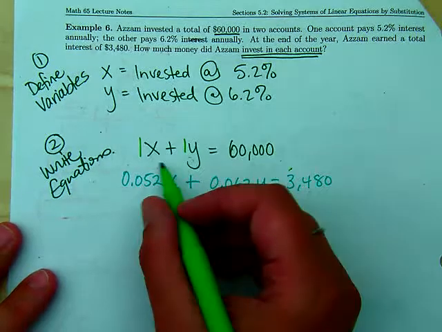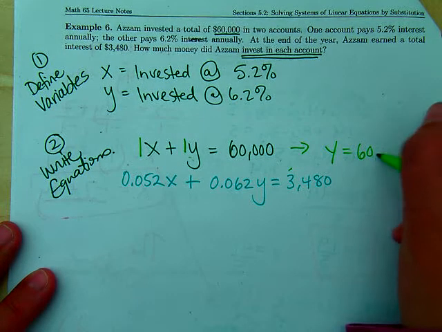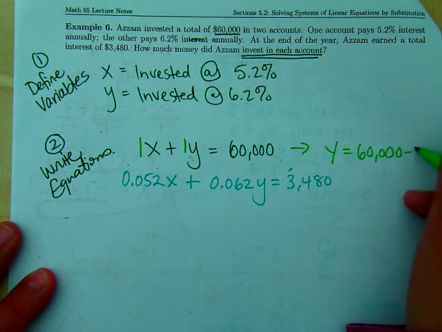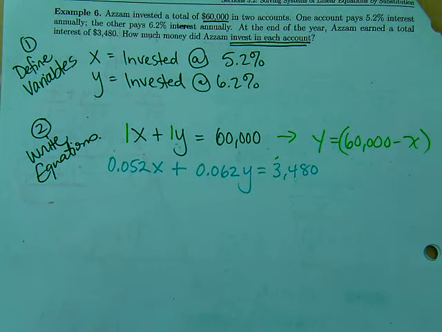So this is exactly what happens if you say y equals 60,000 minus x. That would have been what you had started out with in Math 60. You would have said, okay, the first account has a certain amount in it. Then if I take away that amount from 60,000, that's what I have left to invest in the other account, in account number 2, right?